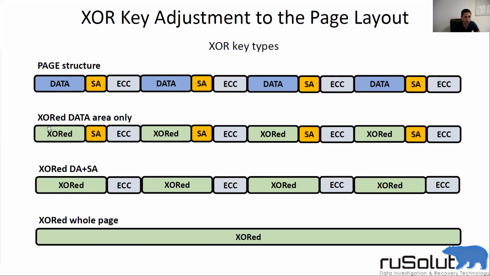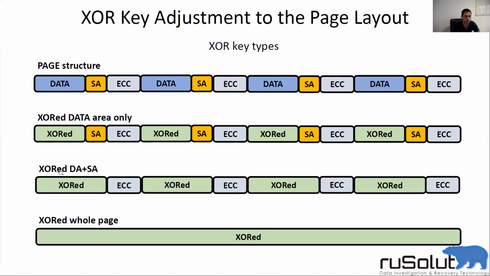And usually, in many cases, only the data area is XORed. So here we have XOR here and here and here, and the service area and ECC are not scrambled. They are untouched, original.